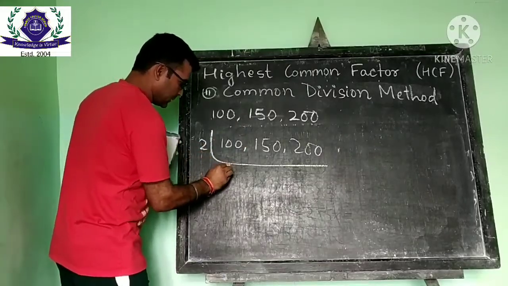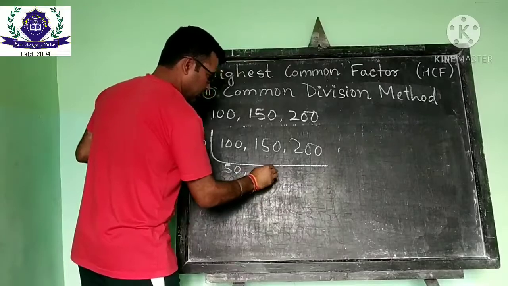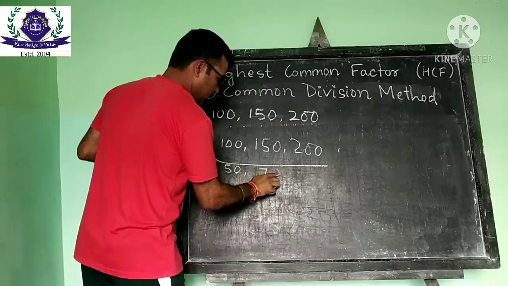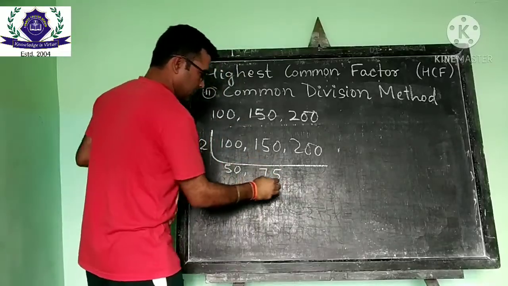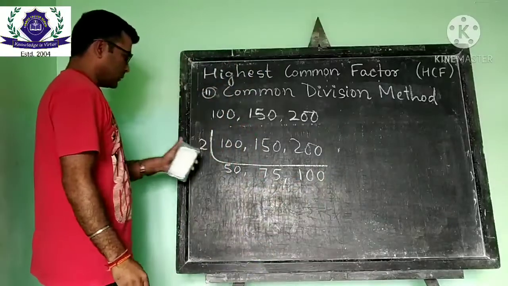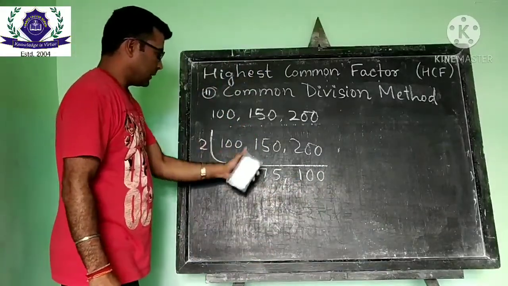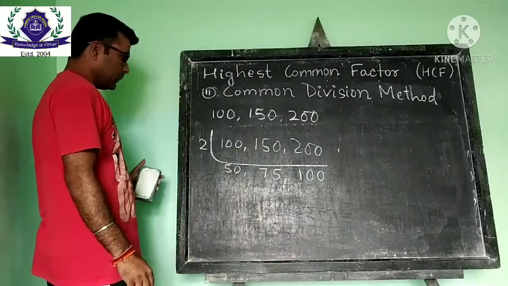So 2 5s are 10, 2 0s are 0. So 2 7s are 14, 2 0s are 0. Sorry, 2 5s are 10. That means 2 75s are 150 and 2 1s are 2. 2 50s are 100, 2 75s are 150 and 2 100s are 200.